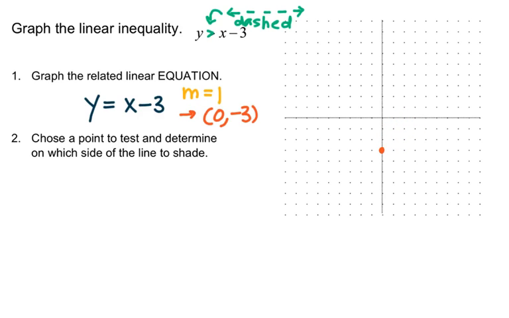So we have a slope of positive 1, which would be marking these points. Or we could go down 1, negative 1, left 1, negative 1. And then when we draw our line, we just need to make sure that it looks like a dashed line. So we have a dashed line.